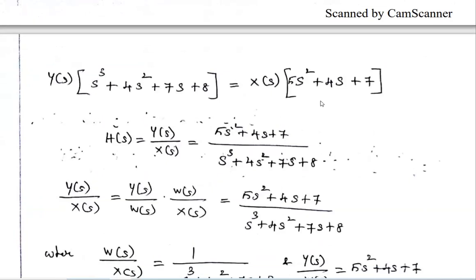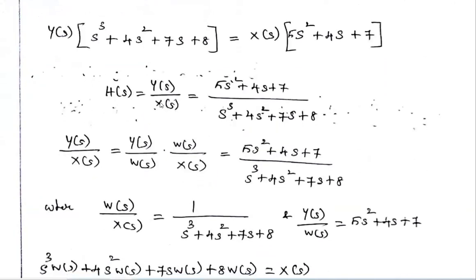From this, we have to find the transfer function H of s. Whether it is direct form 1 or direct form 2, from the time domain system equation we take the Laplace transform, rearrange, and find the transfer function H of s. The ratio Y of s divided by X of s is called the transfer function H of s.